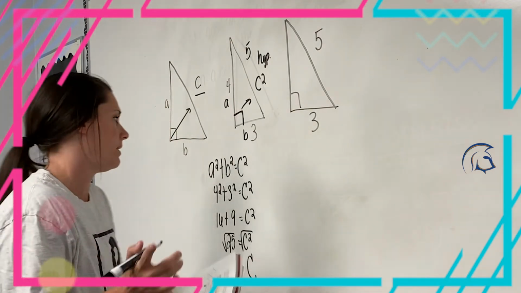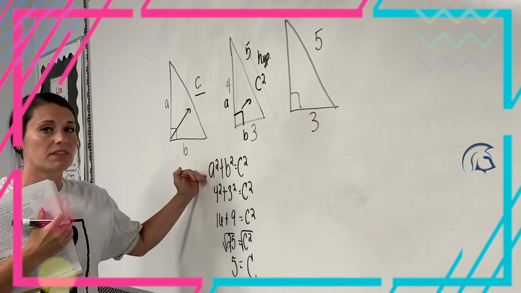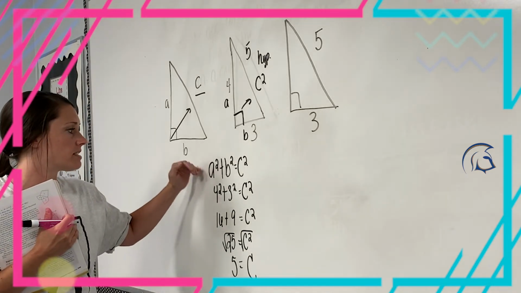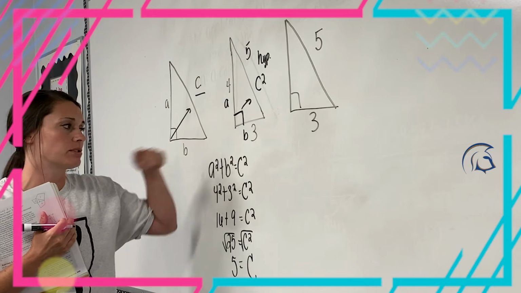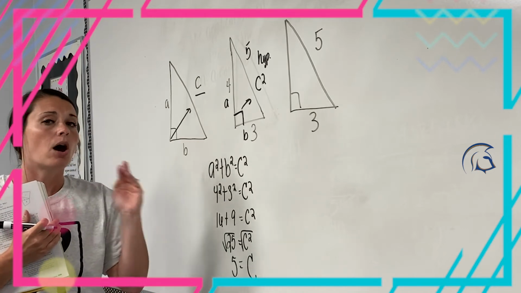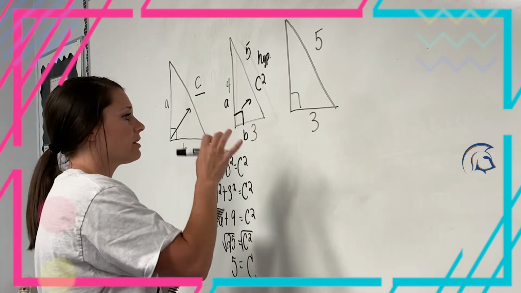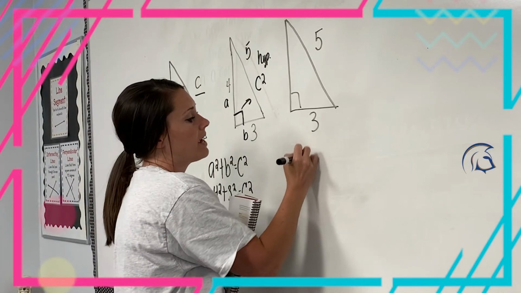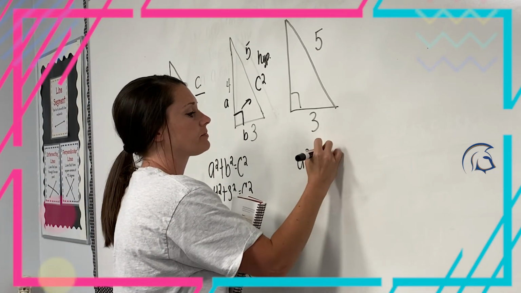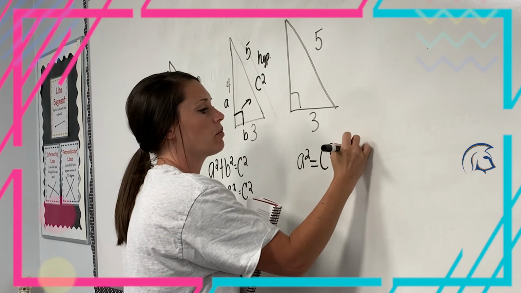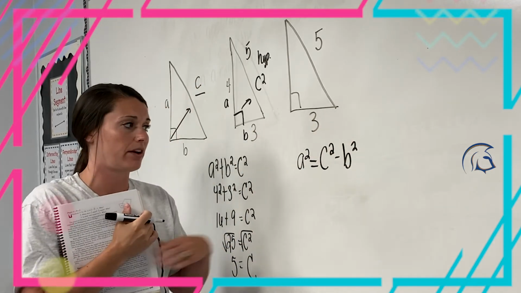What does that mean? So this is the Pythagorean Theorem: the square of the two legs equals the square of the hypotenuse. All that means is you can solve for either leg by subtracting whatever leg you have squared, okay?